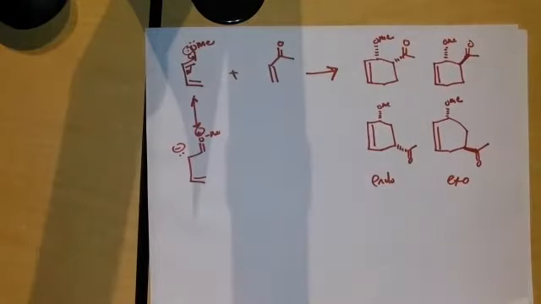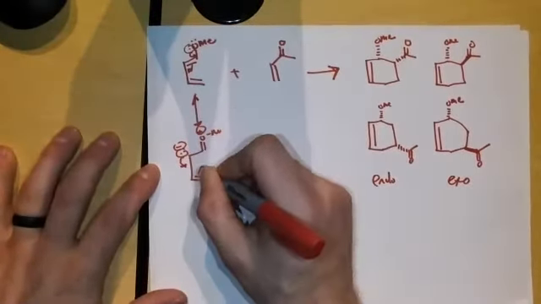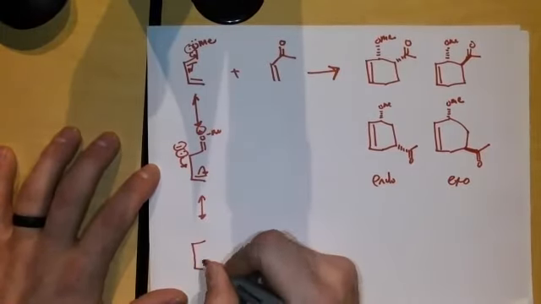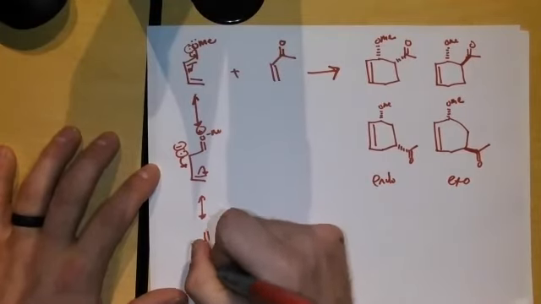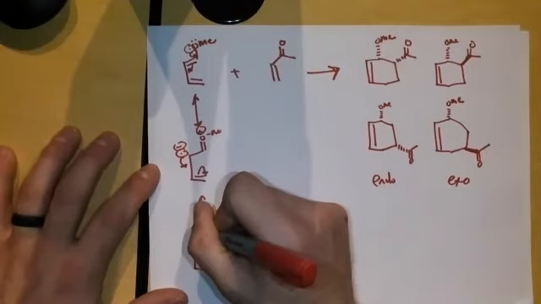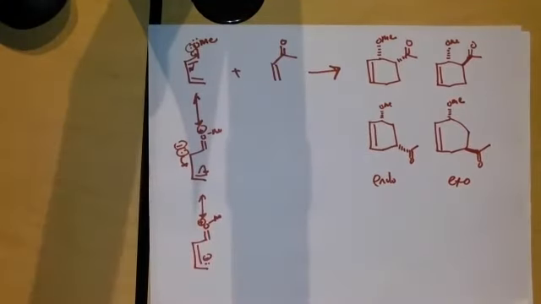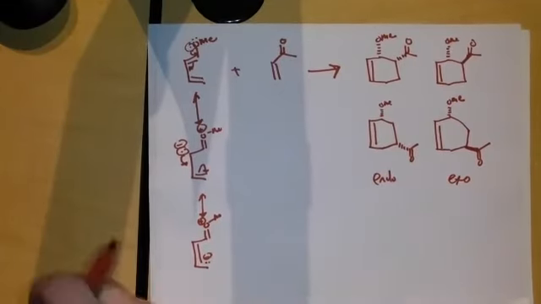So this would be our first resonance structure. The one we actually care about is going to be this. So we started building up negative charge down at the bottom.